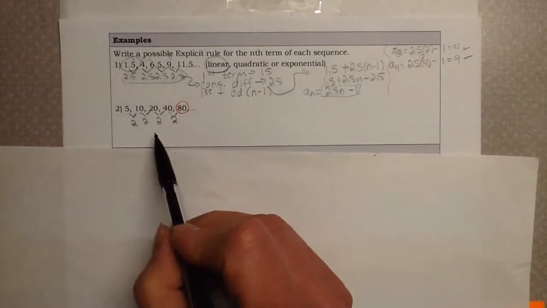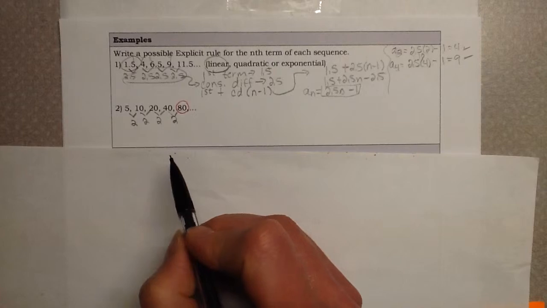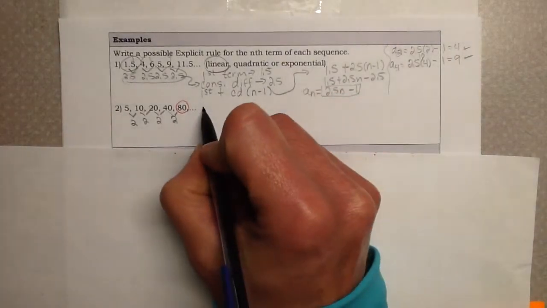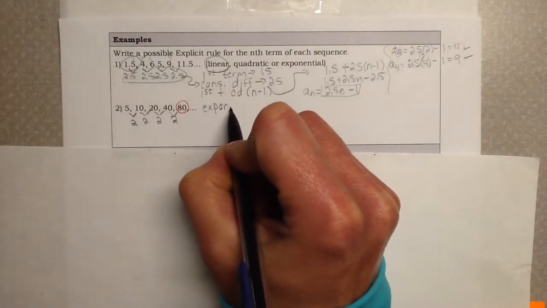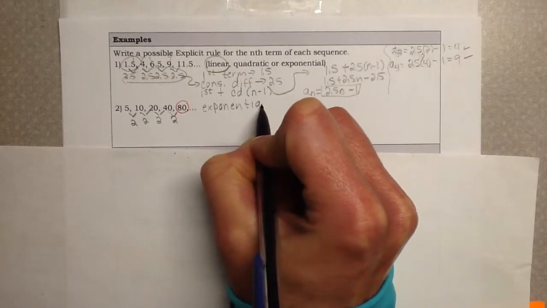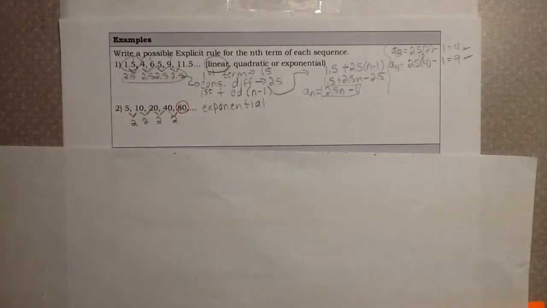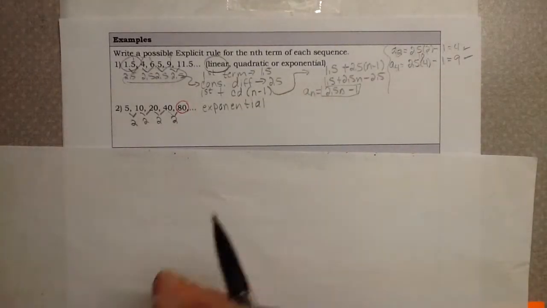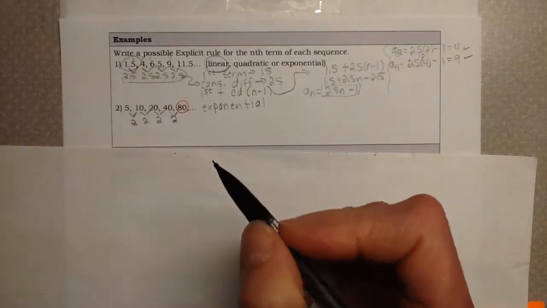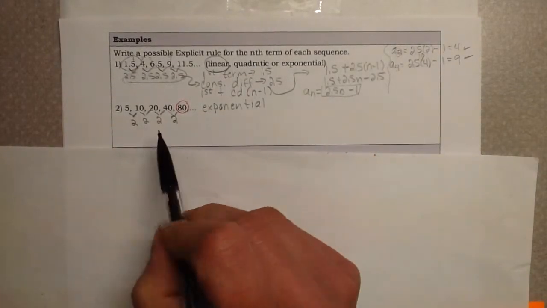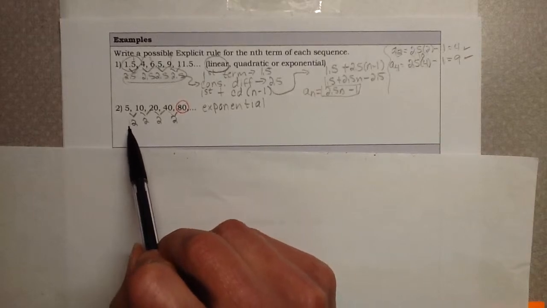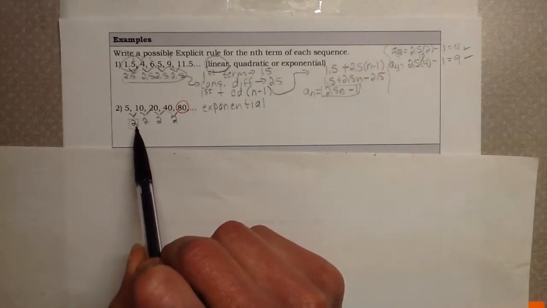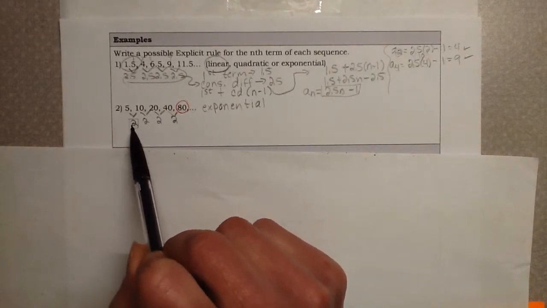Ratio means to divide. So a lot of times when you have exponential, so this one's going to be exponential. Now, a lot of times you have to adjust based on what it is, but usually the basic ones, if you look at this, this is our base here. We know if we raise 2 to the first power, we can't get that 5.